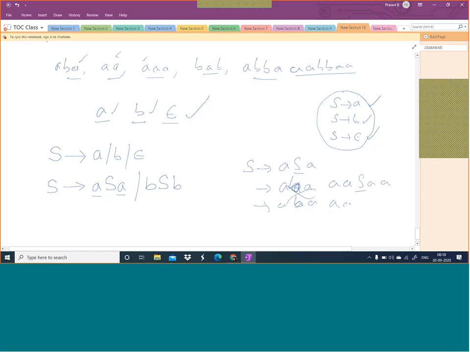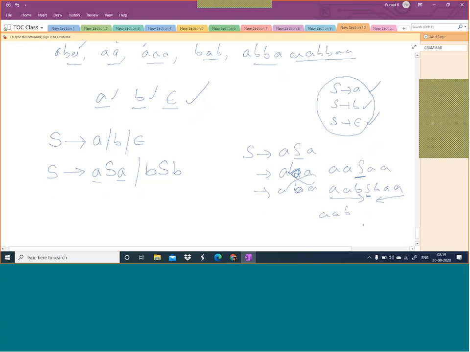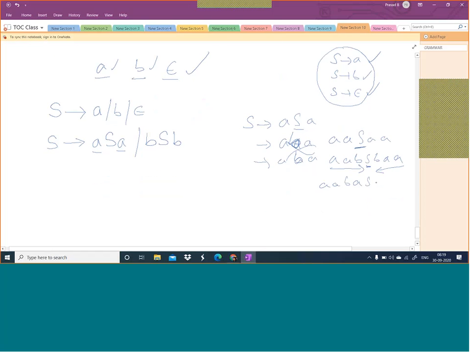Or in the S place we can put BSB. Look at this: whatever we get in one direction is reversed in the other. Again in the S place I go for ASA, giving AABAA, and finally S is replaced by epsilon, A or B. So these are the productions which can give all the palindromes over A and B.